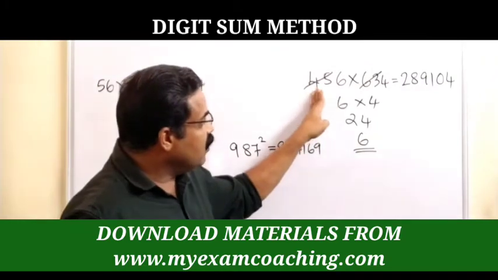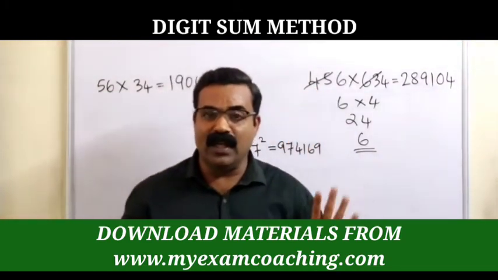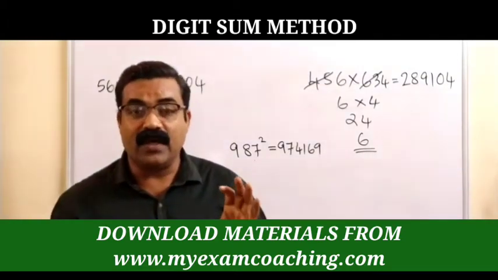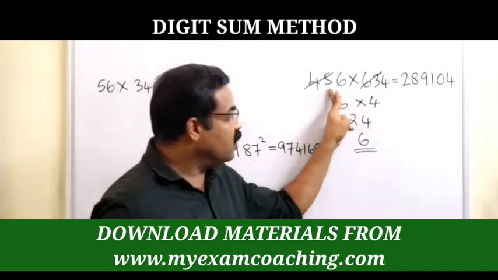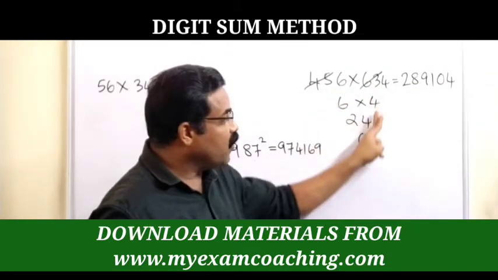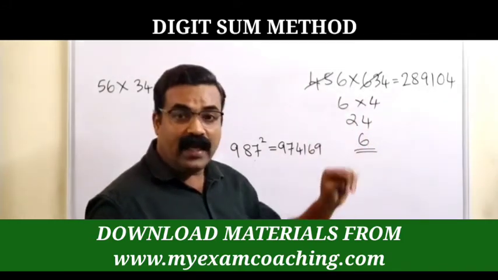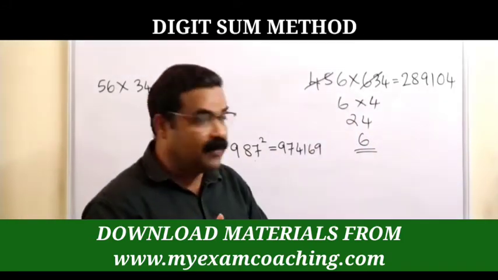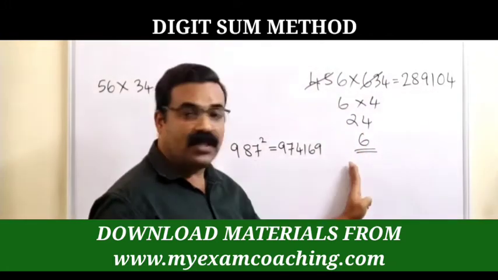So what we have done is delete any digits which add up to 9: 4 and 5, 9, deleted; 6 and 3, 9, deleted. Remaining is 6 here and 4 here. 6 into 4 is 24, and the digit sum, 2 plus 4, is 6. So the digit sum of the left hand side is 6.